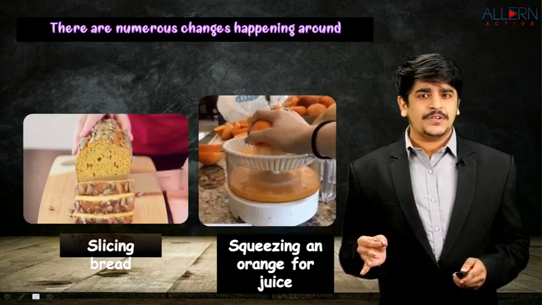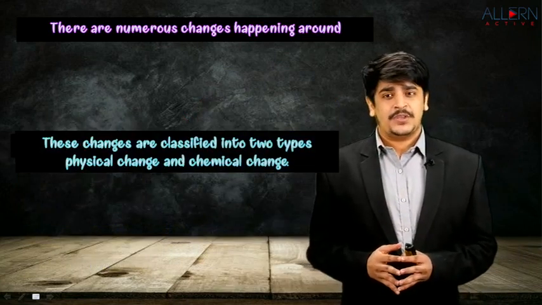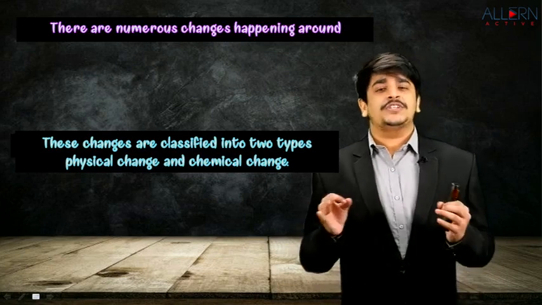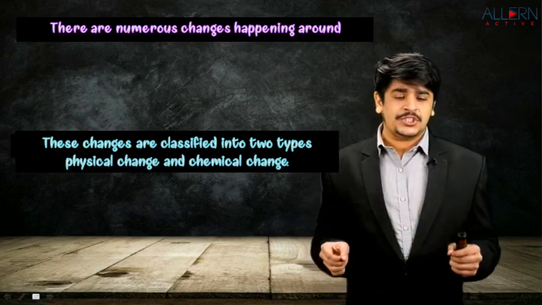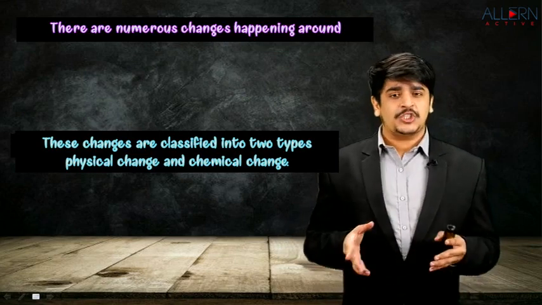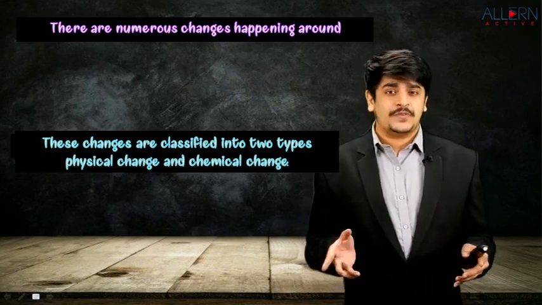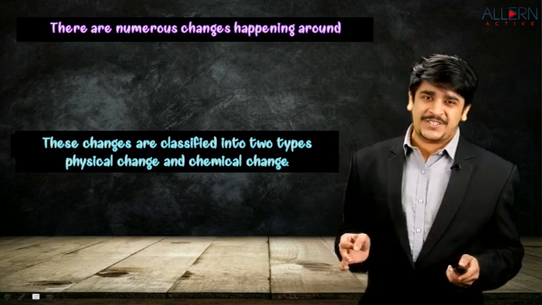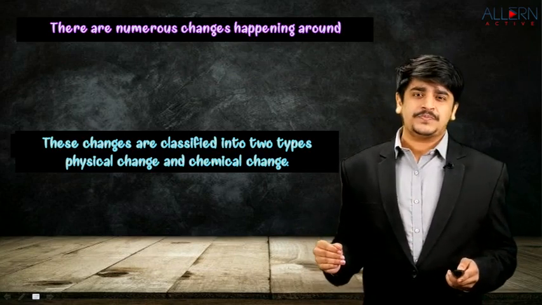But this chapter is actually interested in categorizing the changes, because according to chemistry, there are a total of 2 different changes which occur in our day-to-day life, which means every change can be classified into these 2 categories, where the first one is called a physical change and the second one is called a chemical change.